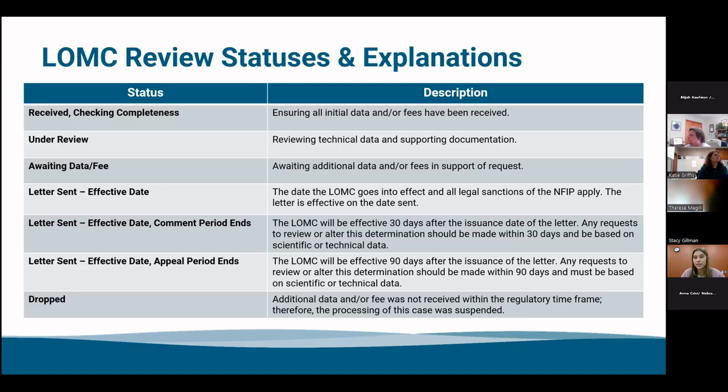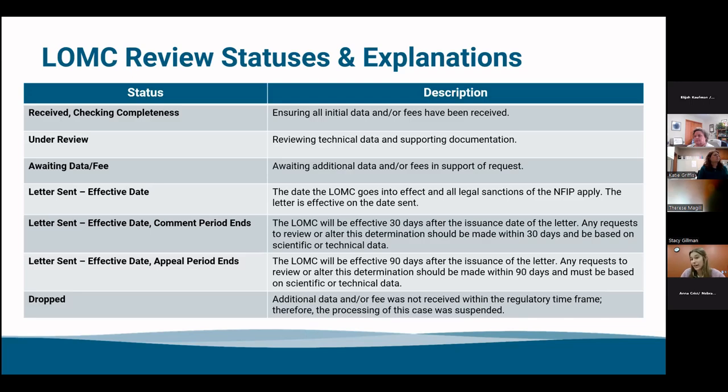Once the reviews have been completed, we go into the different letter sent statuses. So there'll be that effective date, so that letter will have the effective date of the map change, and any NFIP regulations will apply there. There'll be a comment period for certain letters of map changes that will be open for approximately 30 days, and any comments have to be backed by scientific and legal data.